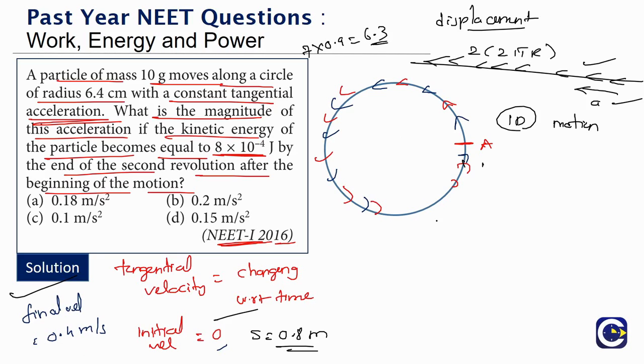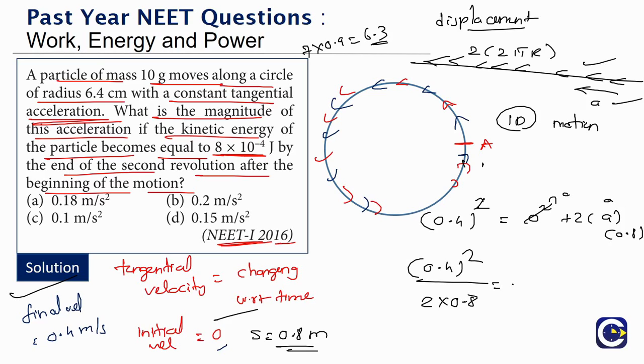The final velocity square, 0.4 square, is equal to 0 square plus 2 times a into s, which is 0.8. So a, which we are looking for, is 0.4 square by 2 into 0.8.